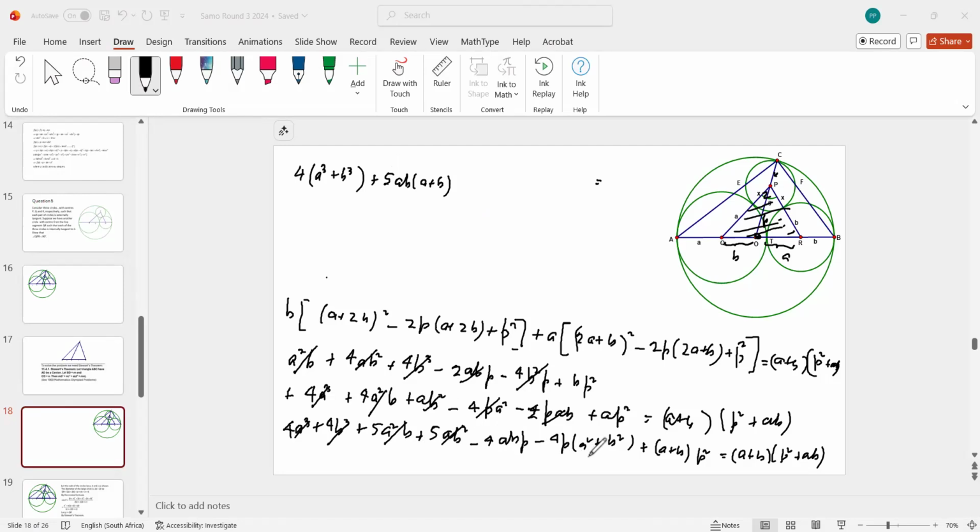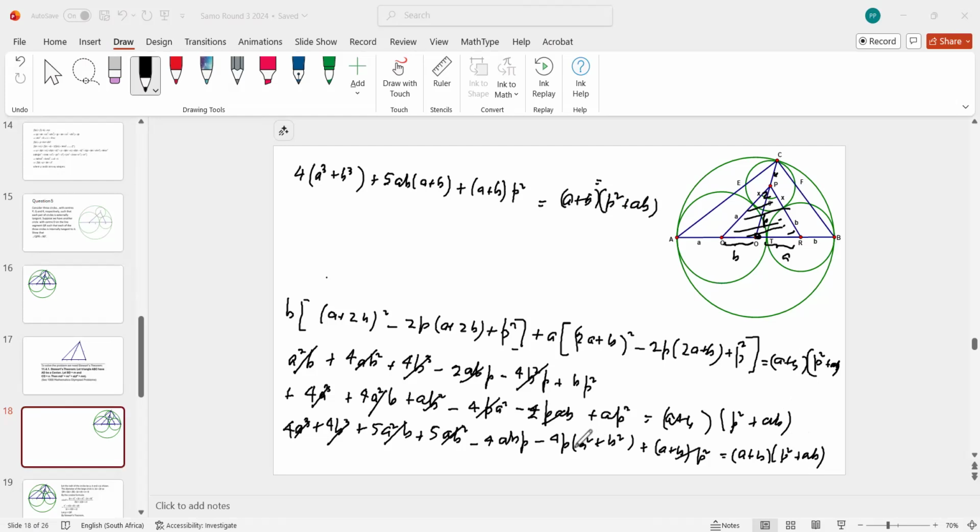And then I got a plus b p squared. I'm going to take the negatives and put it on the other side. A plus b p squared. Right? Now these negatives, I'm going to put it to the other side. This is equal to a plus b into p squared plus ab. That was on the other side.